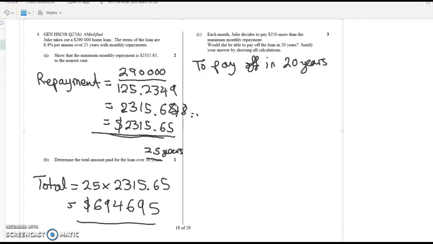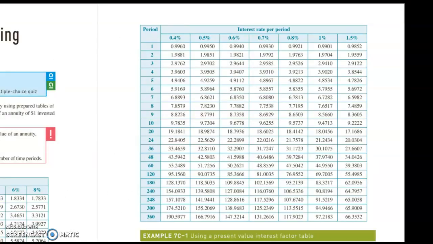Okay, so to pay it off in 20 years, what's the monthly repayment she's going to have to do? She's going to need repayments equal to the following: 290,000 divided by the present value interest factor. So to get that now, I've got to go back to the table, and instead of going for 300 periods, which would be for 25 years, we go to 240, which would be for 20 years.